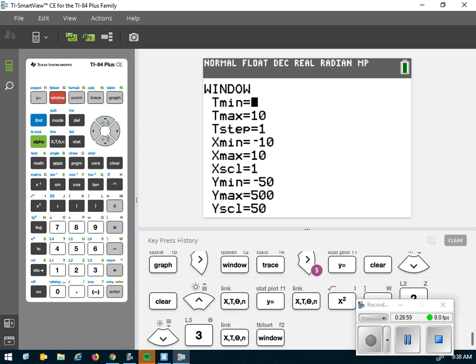Now let's go to your window. Let's make your window x min and x max go negative 10 to 10, and make your y min and y max go negative 10 to 10 as well.